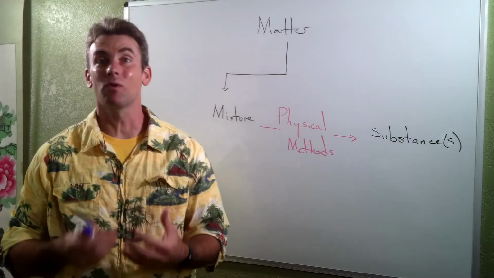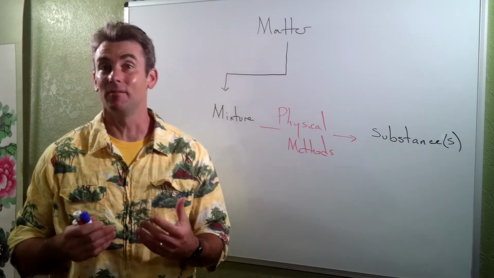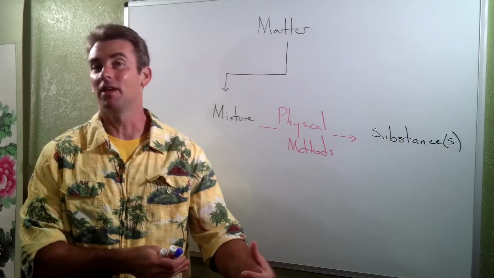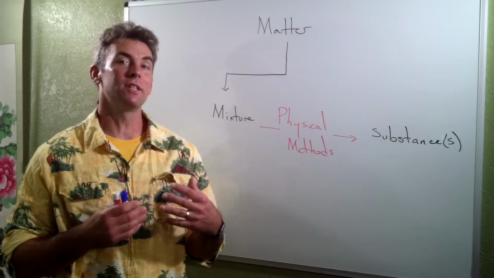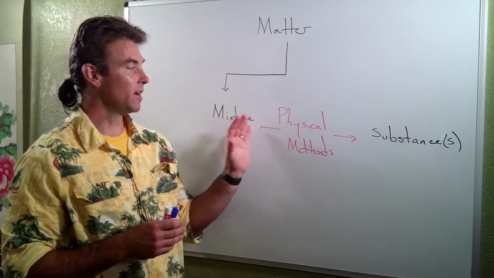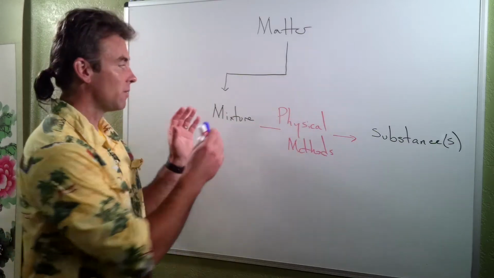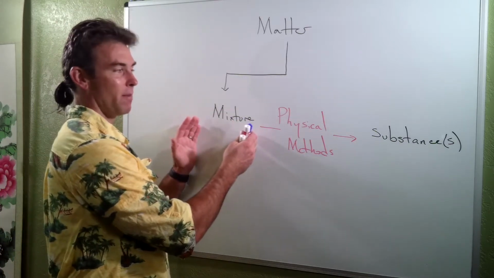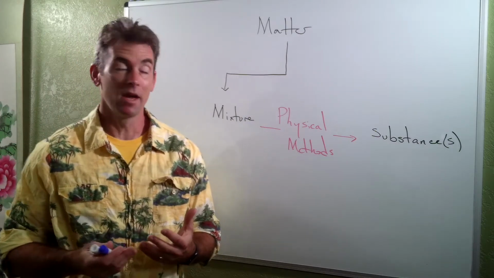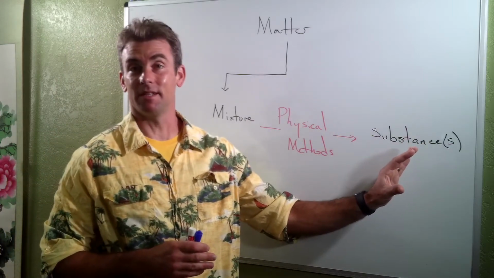Things like filtration, things like distillation, where you boil one thing away and then leave behind something else. All of those things are examples of physical methods where we're not actually going to change the substances at all. We're just going to take each individual component of that mixture and use some sort of physical property to separate it into its component substances.